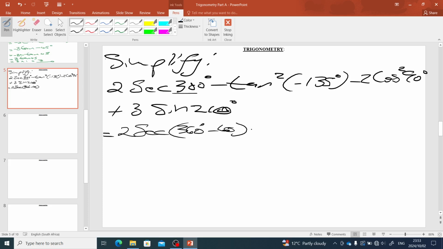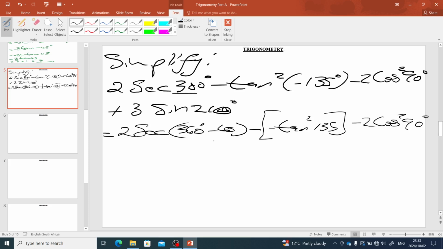Okay, it will be minus, open bracket, minus tan squared theta. By now you know which principles we are applying. Then here it will be minus 2 cos squared 90 degrees.